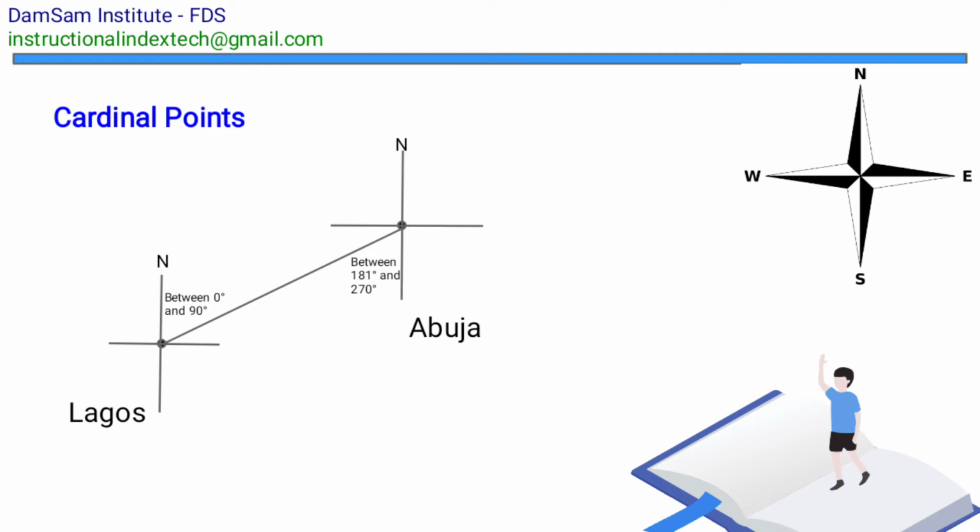So let us take a careful look at that, because where that angle meets Abuja, it is between 181 degree and 270 degree, the one we have shown earlier.